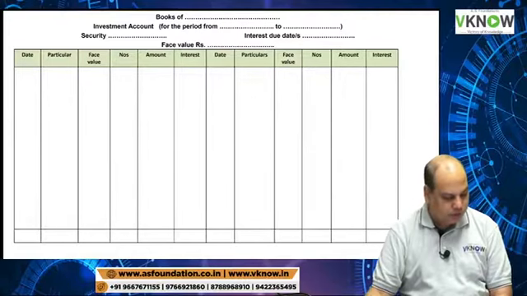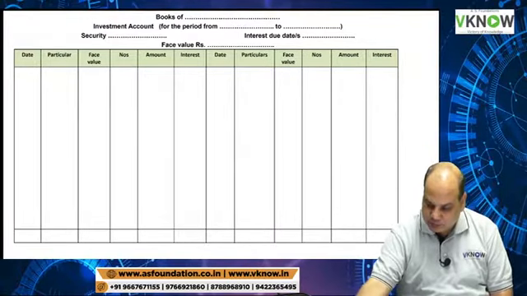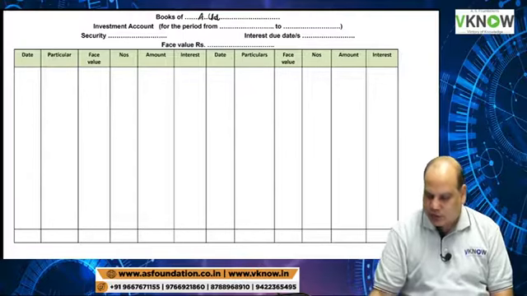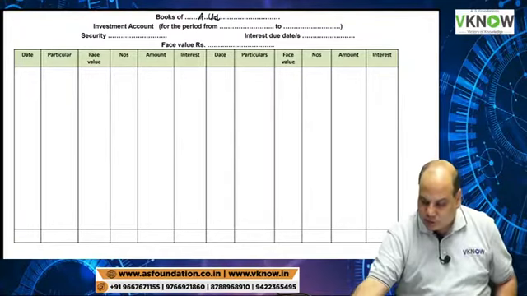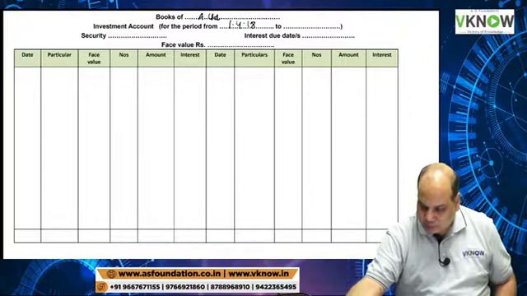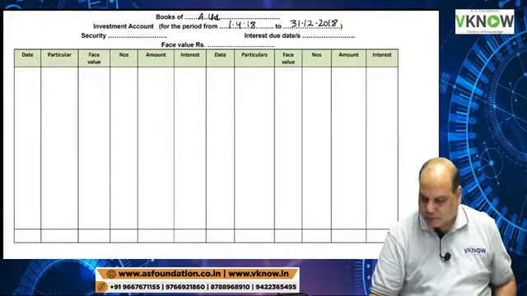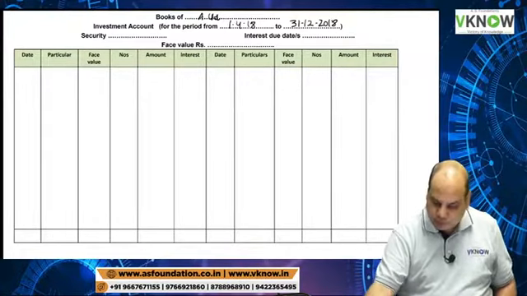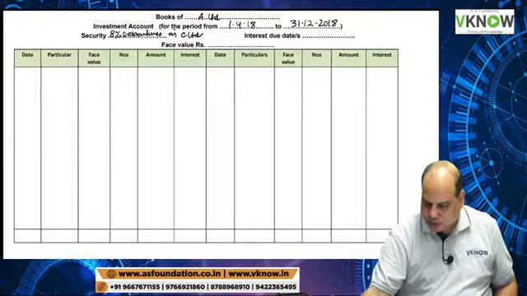So dear student, first write down books of A Limited, investment account for the period from 1st April 18. In this example, the year ending date is December 18. Name of the security, this is 8% debenture in C Limited.